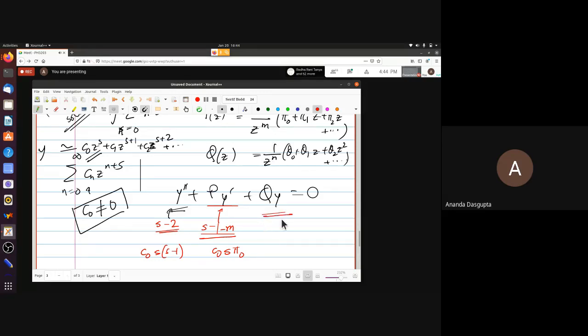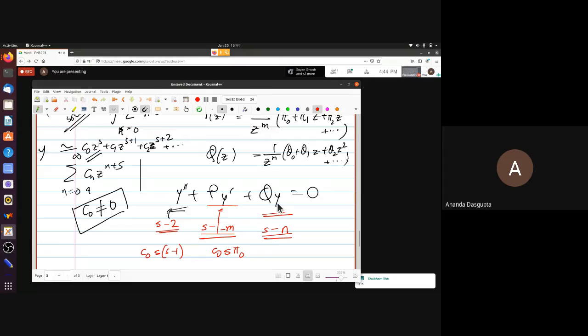So quickly, what about this? The lowest power is s minus n, since there are no derivatives, right?